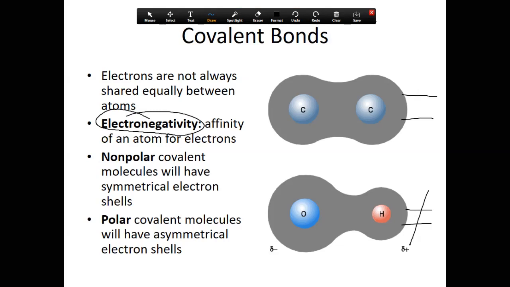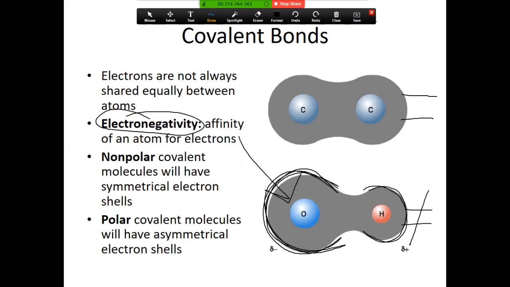So for the atoms that we're going to discuss, oxygen is the atom that actually likes electrons the most, more than anyone else. So that's why when you look at this electron cloud here, it's a much larger cloud around the oxygen than it is for the hydrogen. So what this is indicating is that as these electrons are orbiting both of these atoms, they are spending more of their time closer to the oxygen atom.